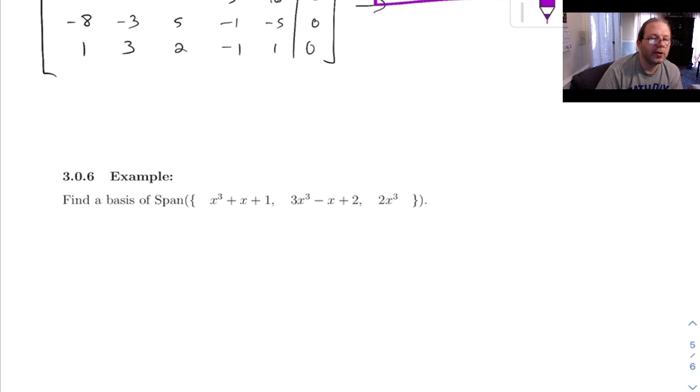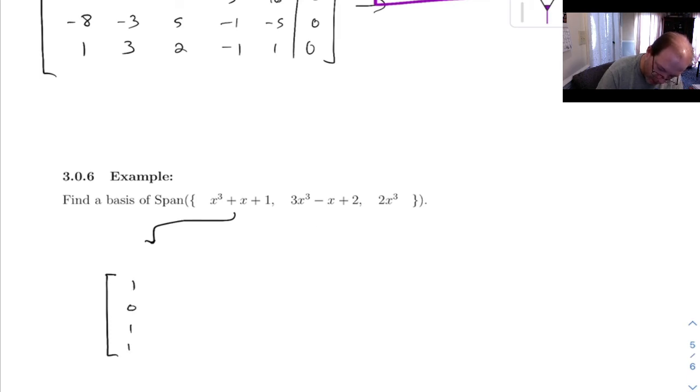Last example. This one is going to be much the same way. Each one of these is going to give us a column. So this is going to give us 1, 0, 1, 1. This one is going to give us a column with 3, 0, -1, 2. And this is going to give us a column with just 2, 0, 0, 0.